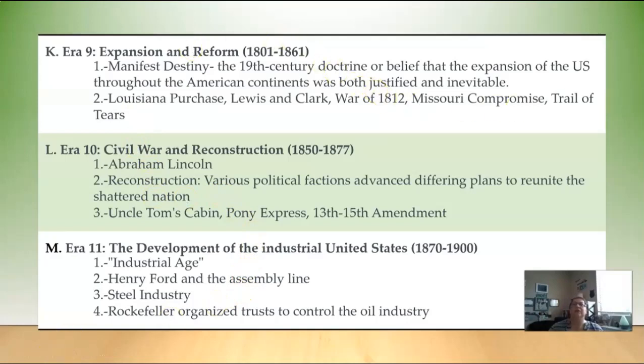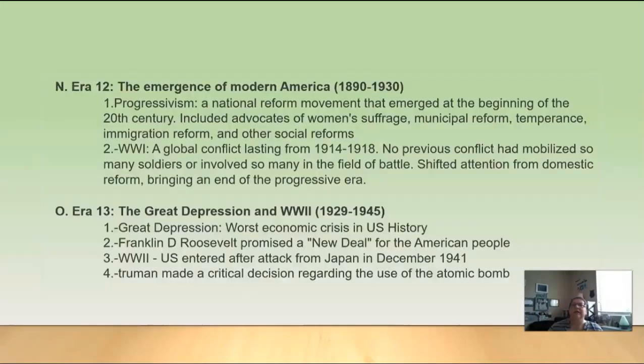And then we go on to our next 2, the emergence of the modern Americas. So now we have the Progressive Movement, World War I. No, not just the time period, but one of the main reasons of why and who was primarily involved in the early stages of World War I. The Great Depression and World War II.